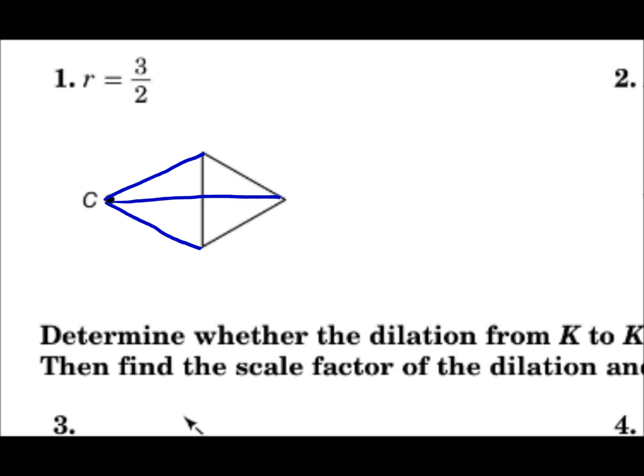Each of those lines represents a value of 1 because the size hasn't changed. Right now, that is the original size and the original distance away from C.